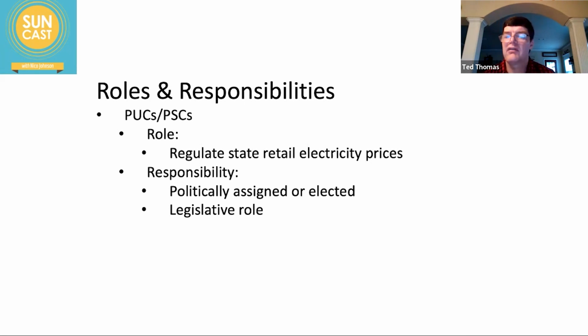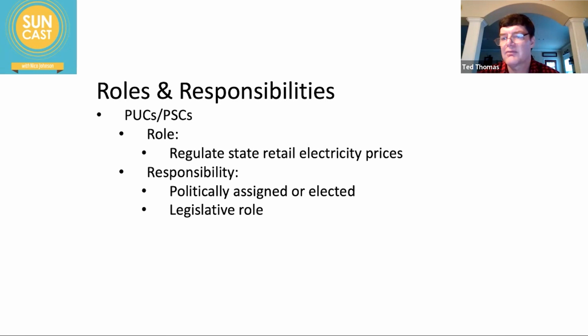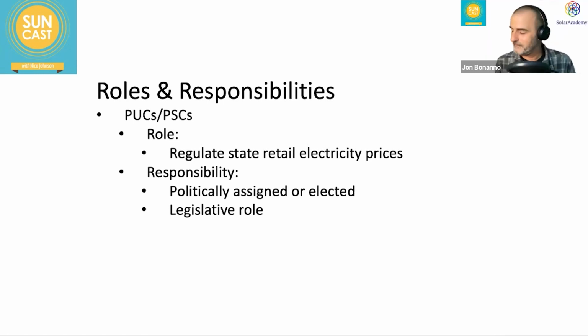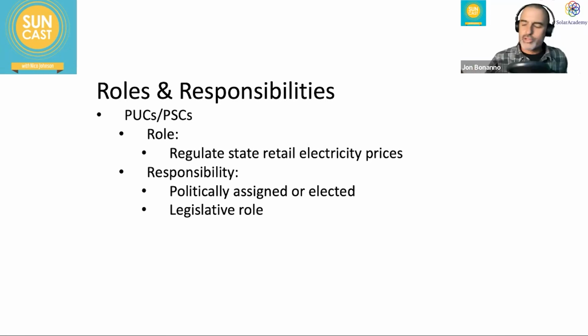Really that book is the history of the regulatory model, told in fantastic biographical form, so it doesn't read like an economics textbook. Excellent. The Profits of Regulation, if you want to delve into the history of the PUCs, is a great resource. I'm going to put that in the show notes too.